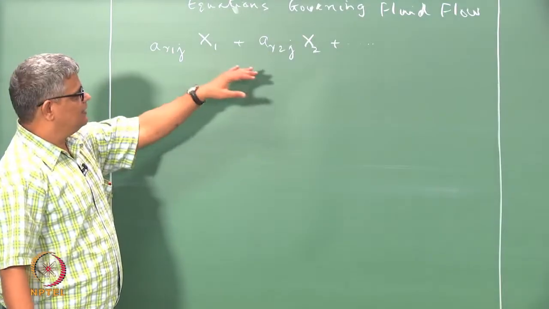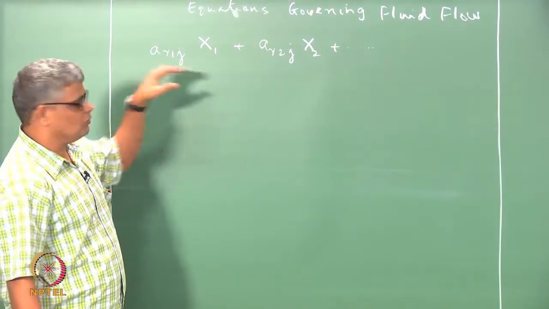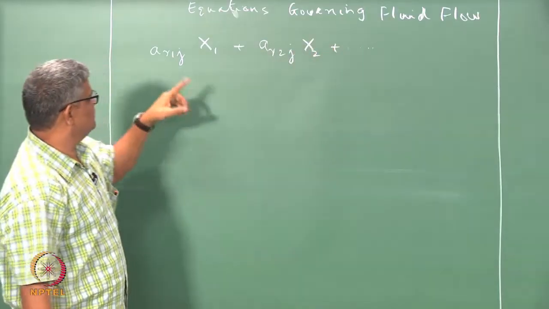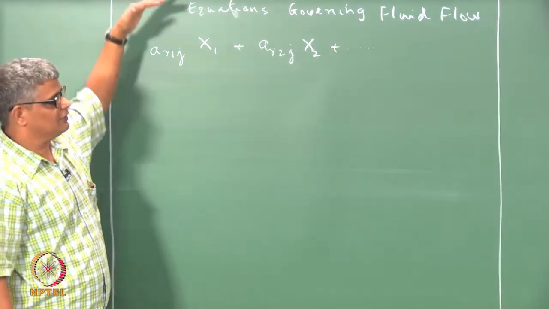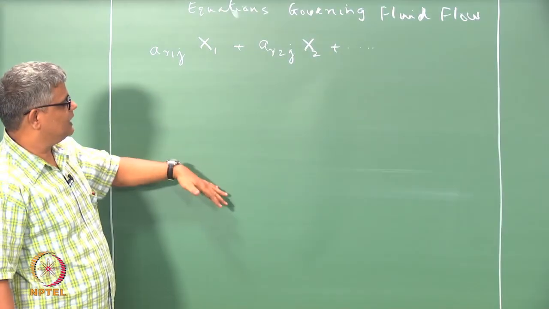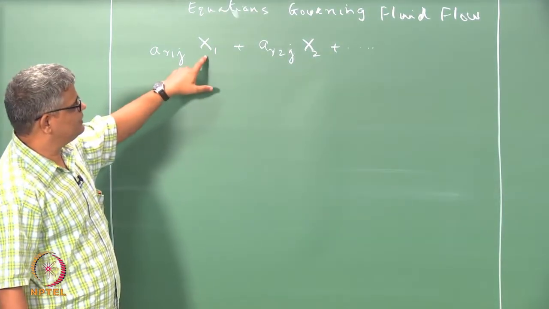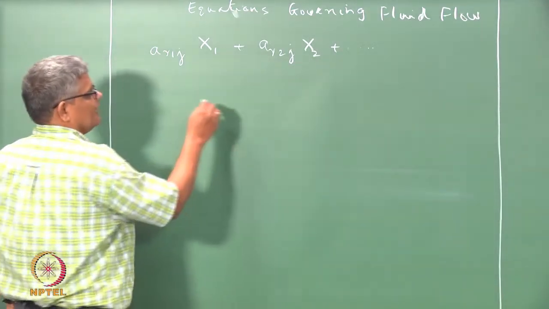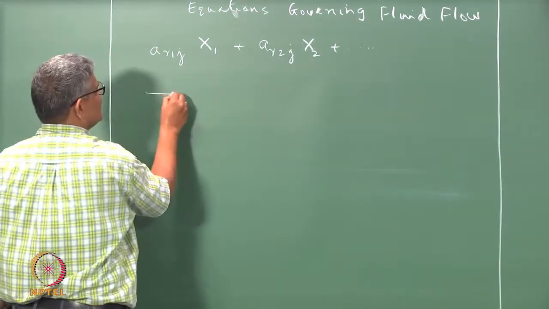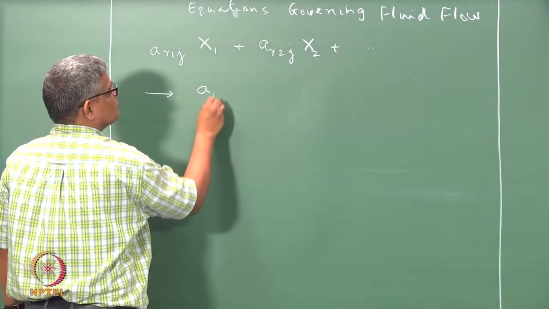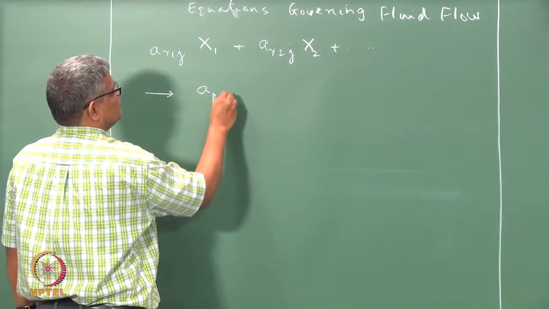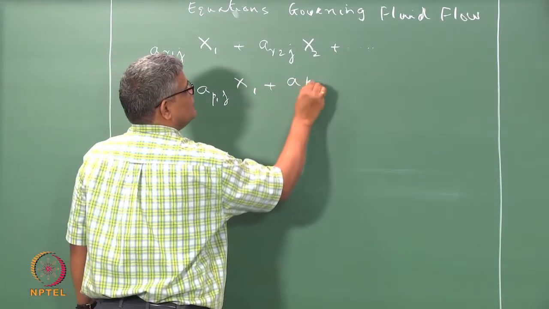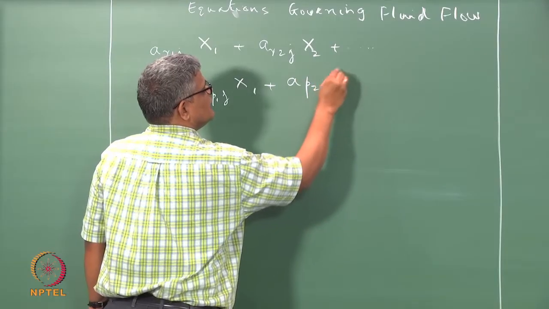These are the stoichiometric coefficients of reactant 1, reactant 2, reactant 3 and so on in the jth reaction. We are looking at a large number of these reactions which may be happening, in which species X1, X2, X3 and so on are participating as reactants, and these are getting converted to products, A P1 J X1 plus A P2 J X2 and so on.